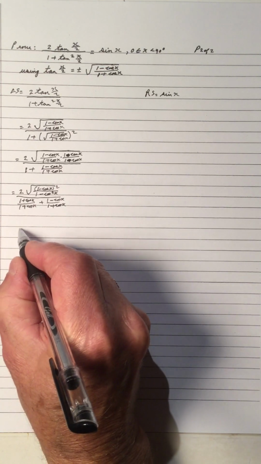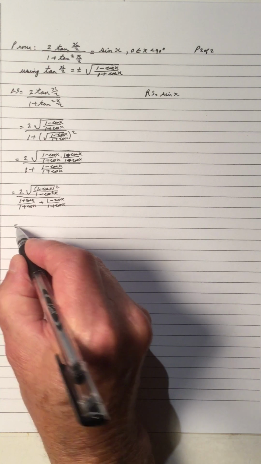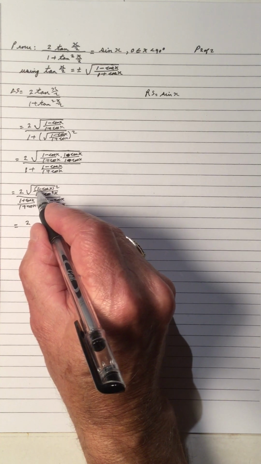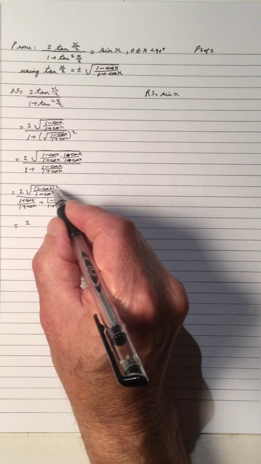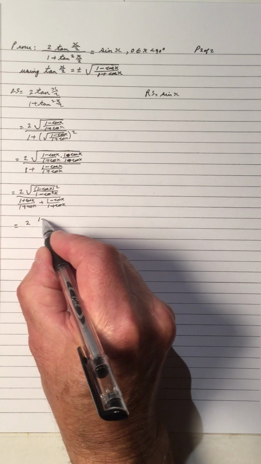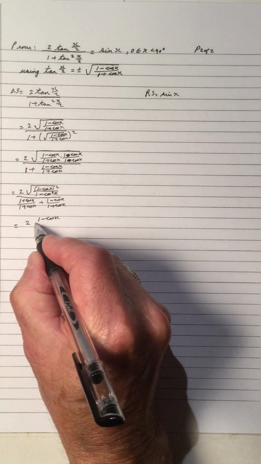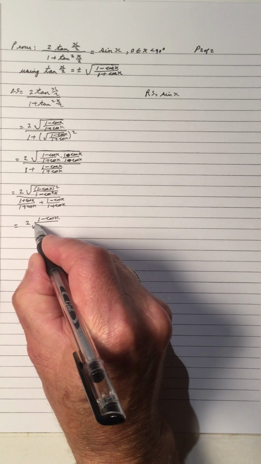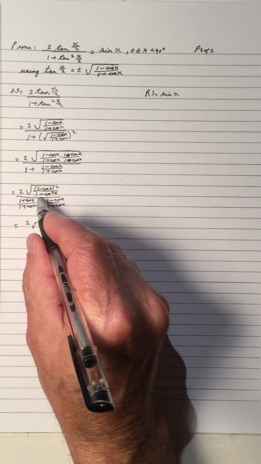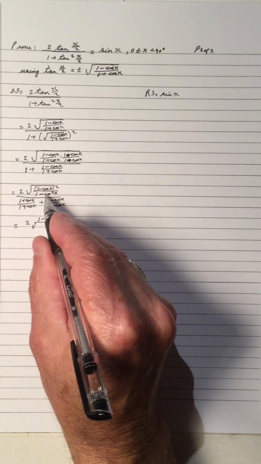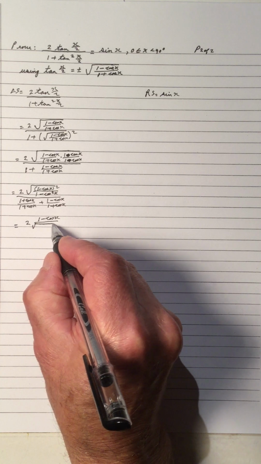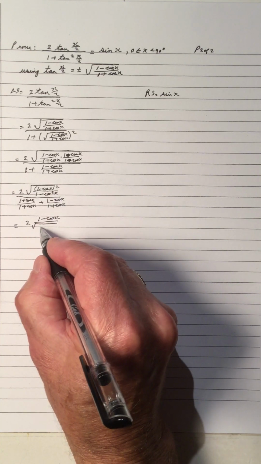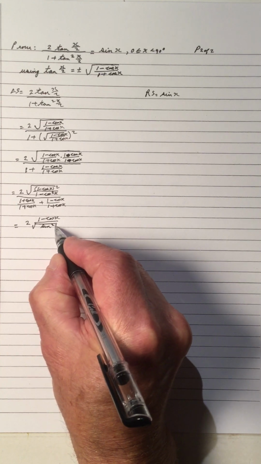Okay, let's continue. We simplify, and we get a 2. The square root of (1 minus cos x) squared is 1 minus cos x. And we have the square root of 1 minus cos squared x, but we can't do that yet because we have to change 1 minus cos squared x to sine squared x.